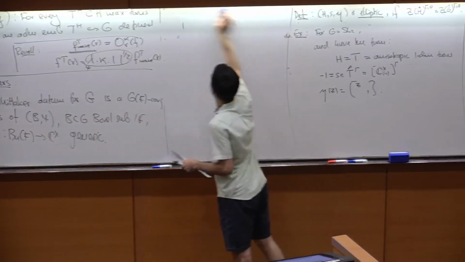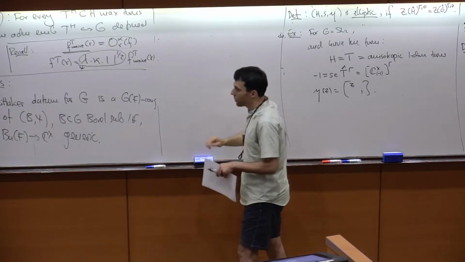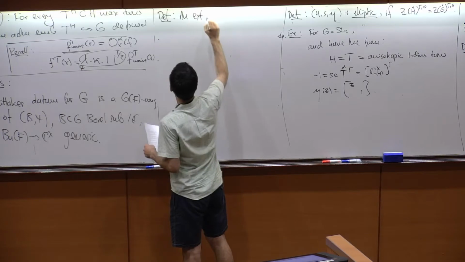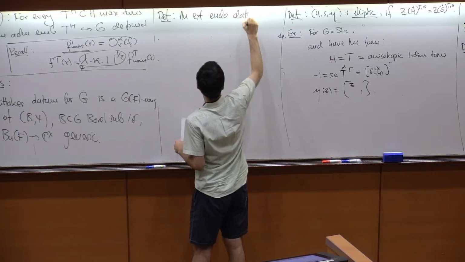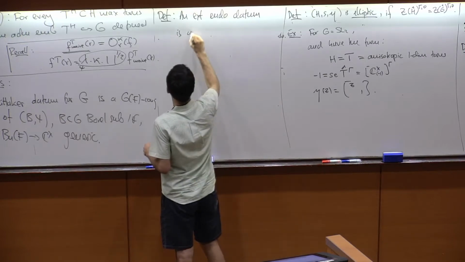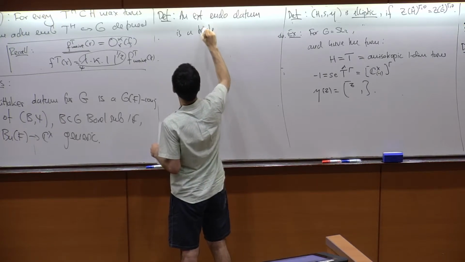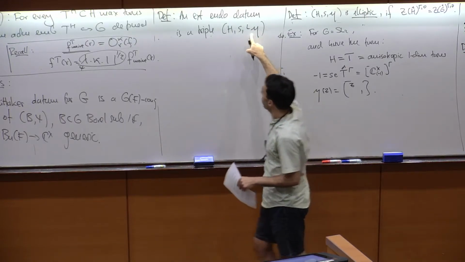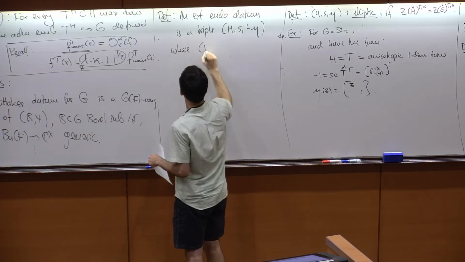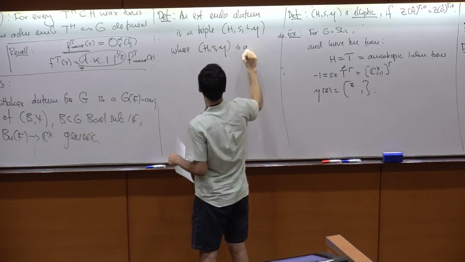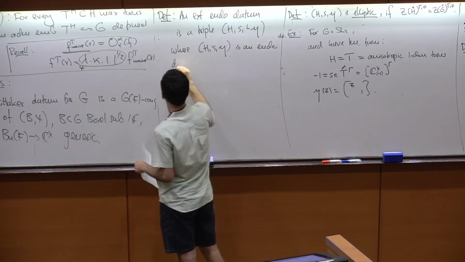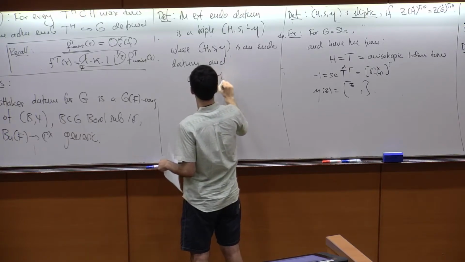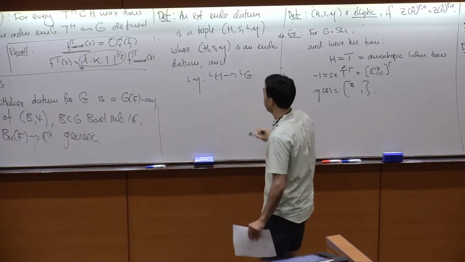We need to slightly improve our concept of endoscopic datum. An extended endoscopic datum is a triple just like the endoscopic datum, but we're going to slightly augment the eta from before, where we have a usual endoscopic datum and L eta goes now from the L group of H to the L group of G, extending eta.